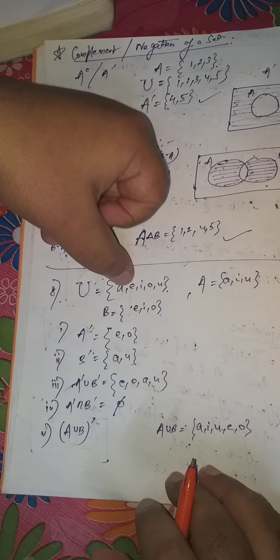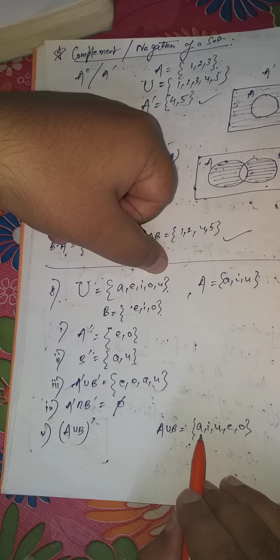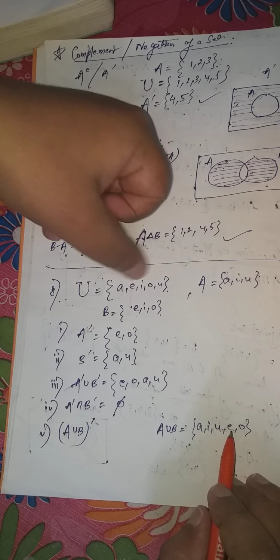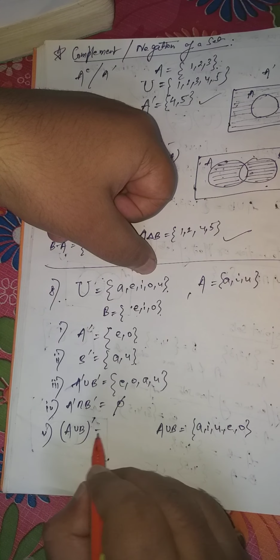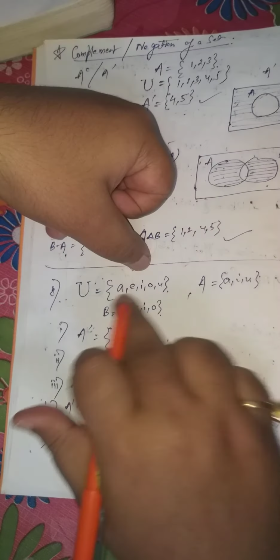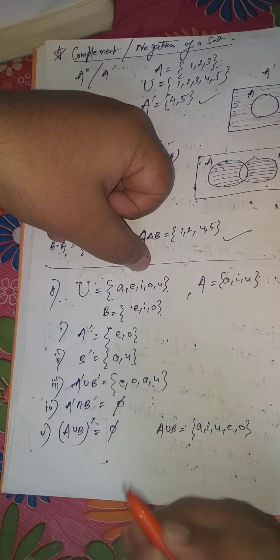The universal set consists of the elements A, E, I, O, U, and here also A, I, U, E, O, which means all the elements are there. So complement means you have to exclude all these elements. If you exclude these elements from the universal set, what will you get? You will get the null set again.